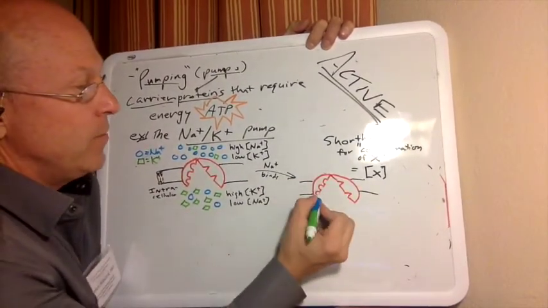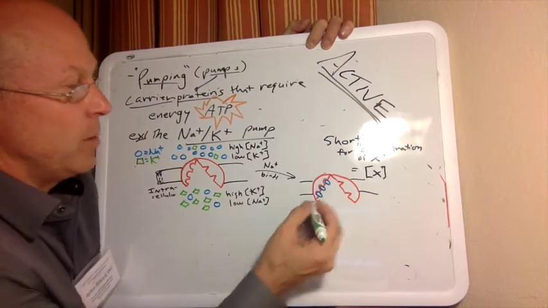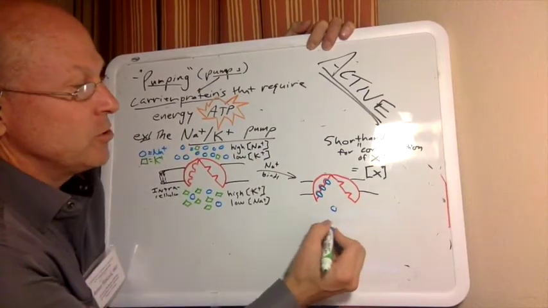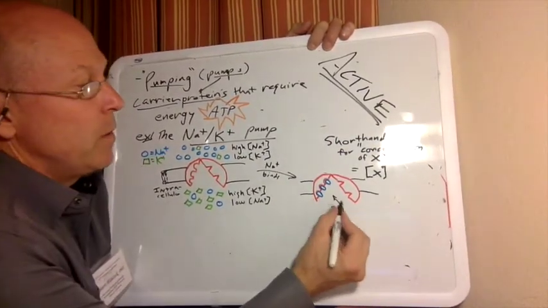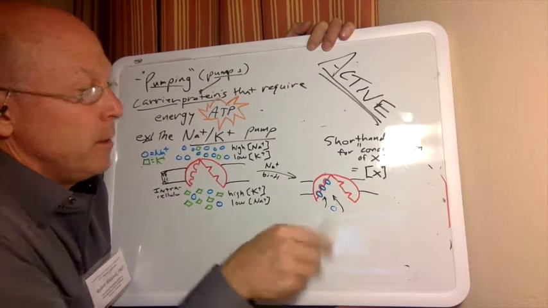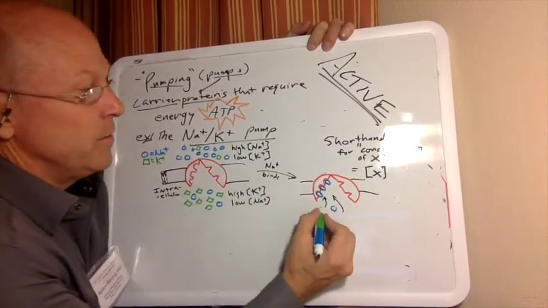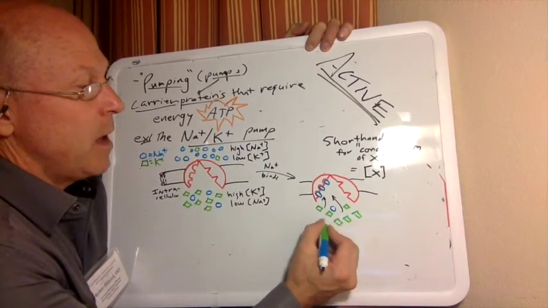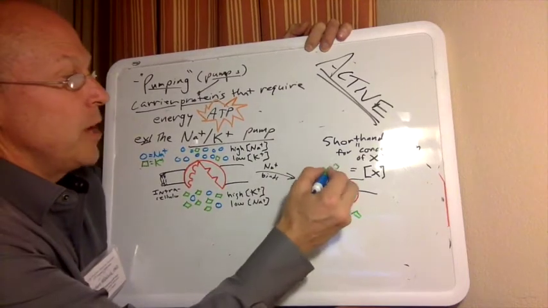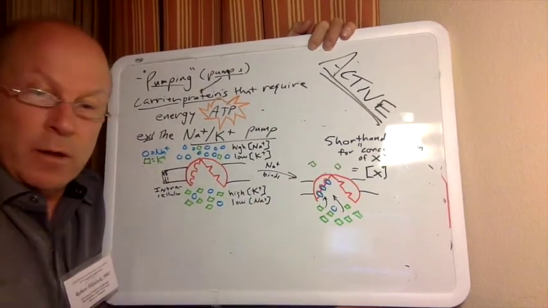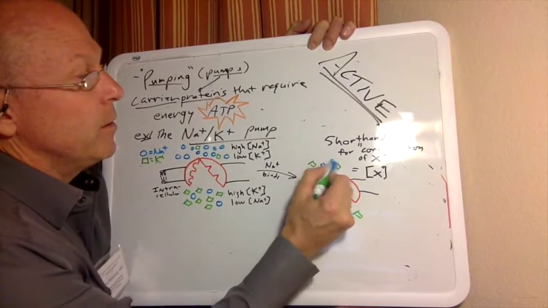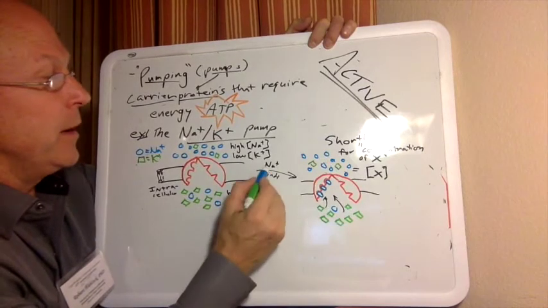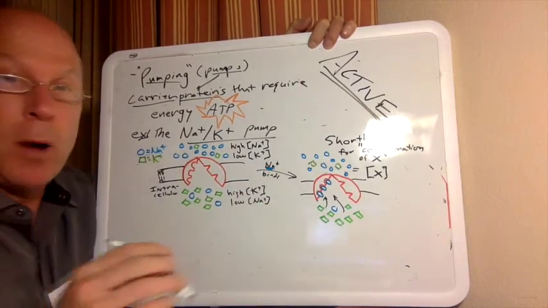We're going to have sodium molecules that are going to actually come up and bind, even though the concentration is very low. So these molecules are going to come up and bind. And then I'll draw a whole bunch of our K+ here just to remind you that we have tons of K+ on this side, and then not much K+ out here, and of course, tons of sodium out here. So sodium is binding right here to the pump.